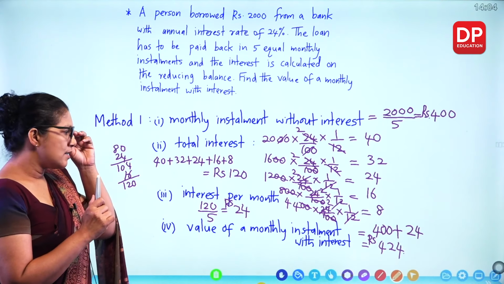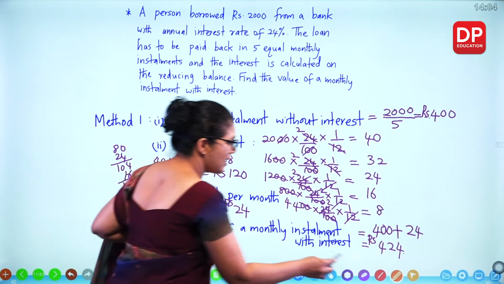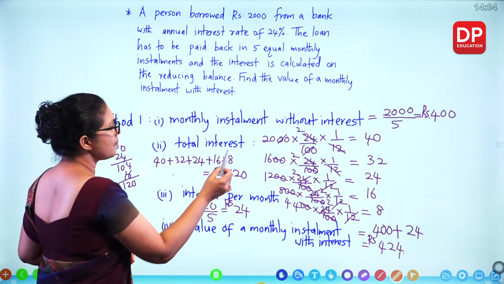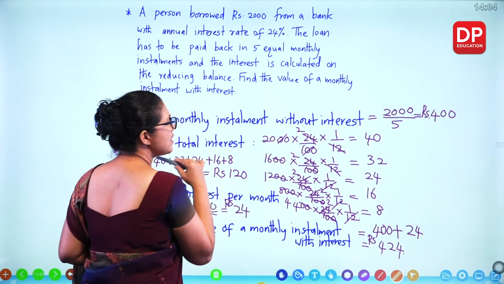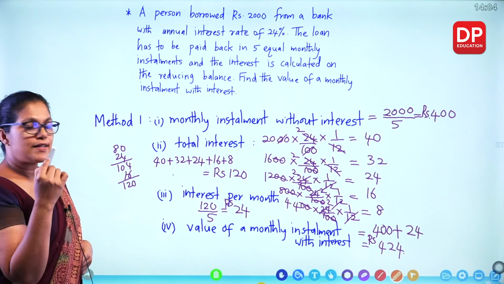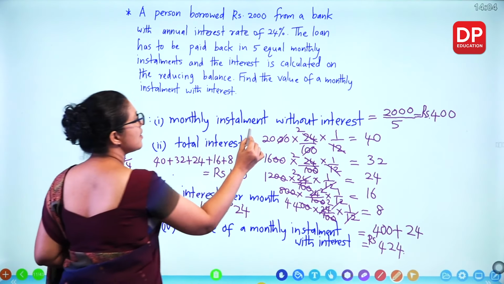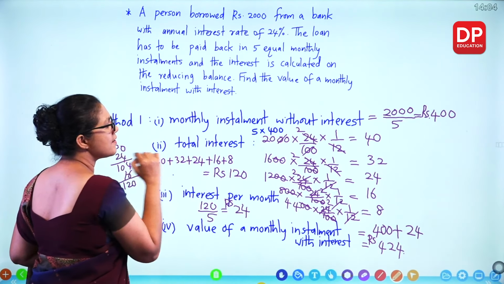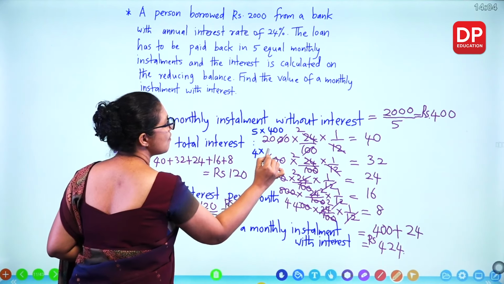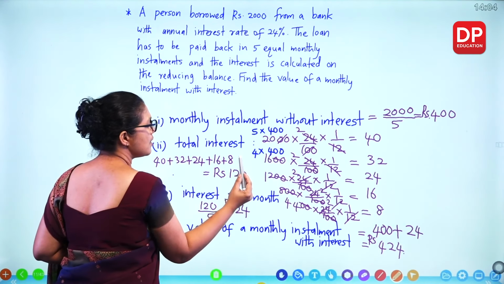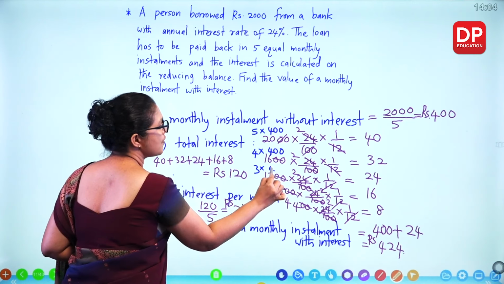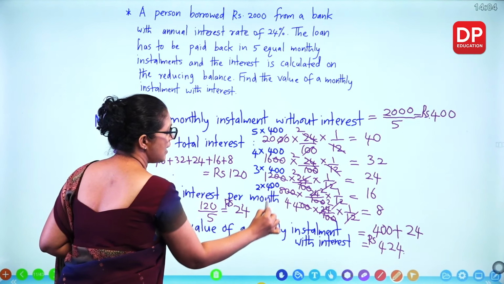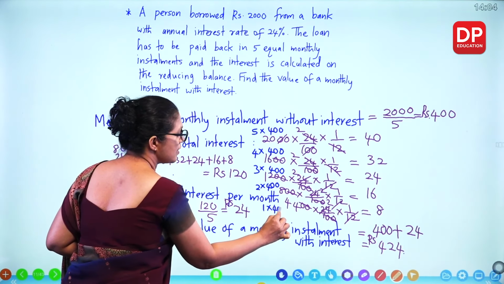Now when you look at this one, there's an easy way. Look carefully. This one, 2000, I can write as 5 times 400. 1600, I can write as 4 times 400. This one, 3 times 400. 2 times 400 and 1 times 400.